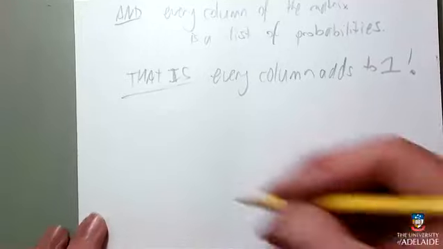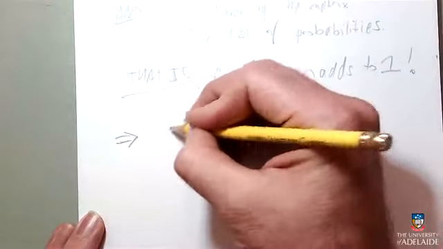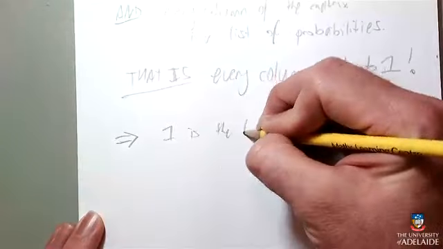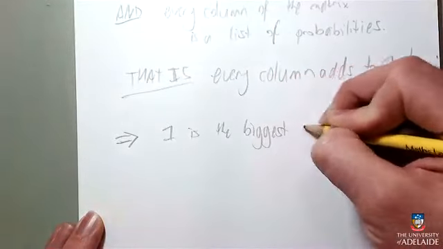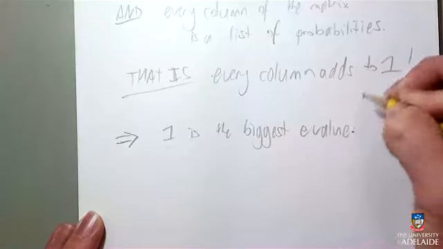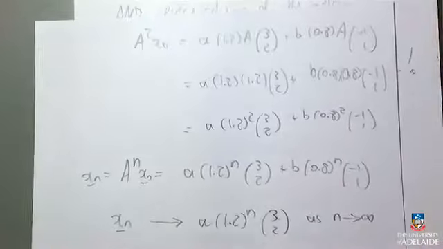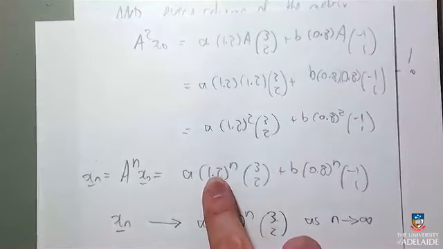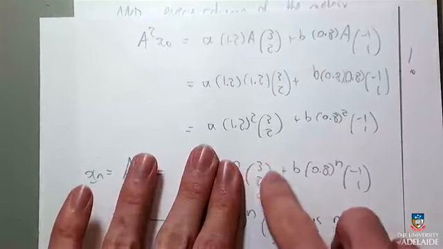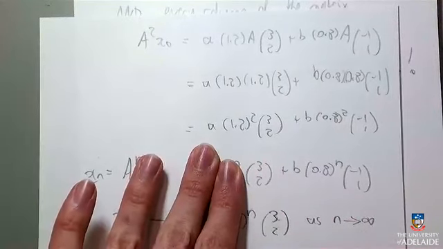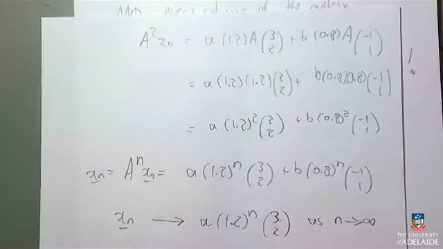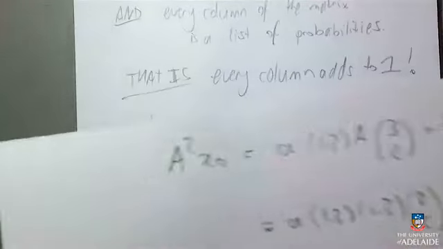So what that means is one is the biggest eigenvalue. Now just a second, watch what would happen if 1 was the biggest eigenvalue. If that was a 1 in that spot, when n went to infinity, well 1 to the n is always 1, and we just end up with that vector. Well, it will be something times that vector, but that's what we'd end up with.